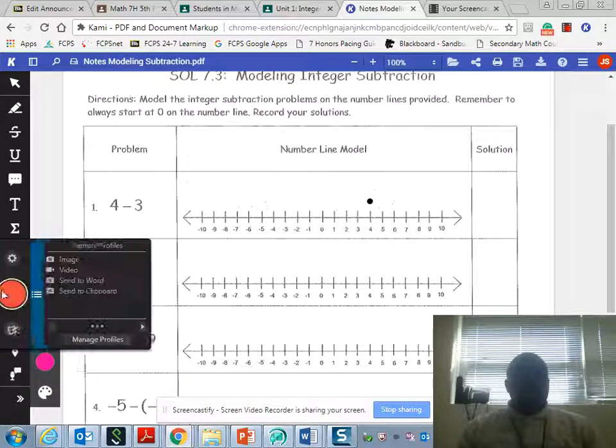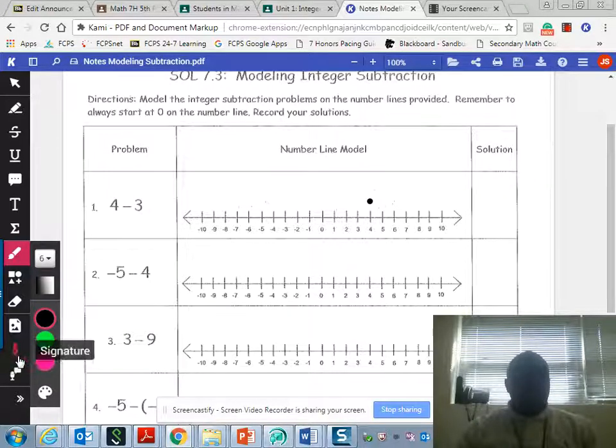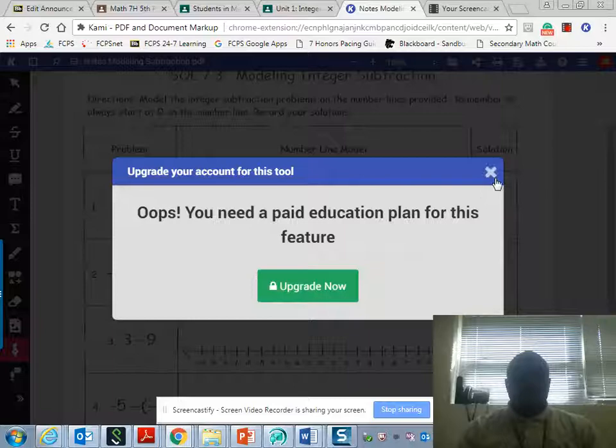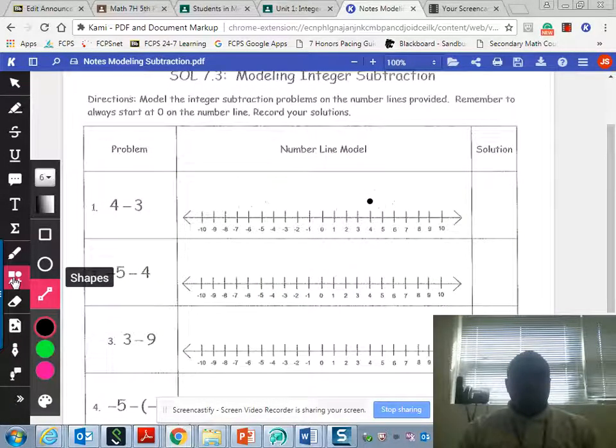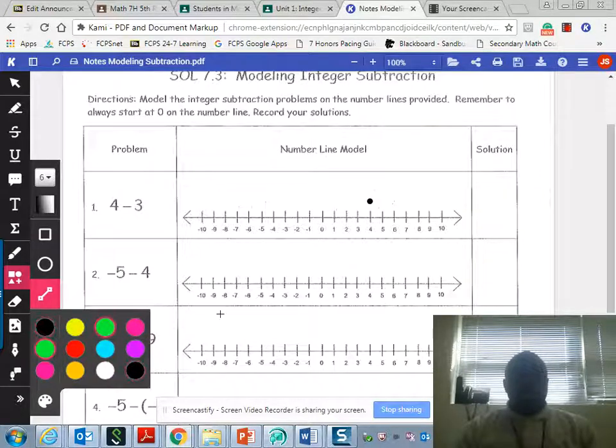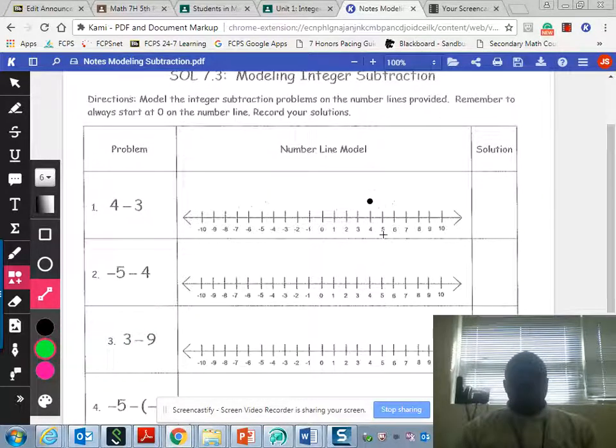Now they want us to subtract 3. When we subtract 3, we start right there and move 3 spaces to the left: 1, 2, 3.